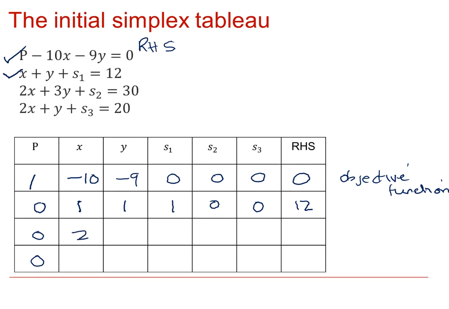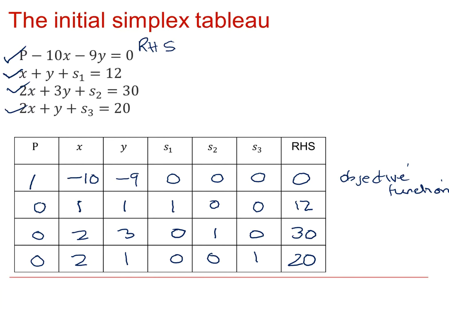In a similar way, making sure we haven't got any s1 and we get the slack variables correct, we input the next two constraints. And there we have set up the initial simplex tableau.